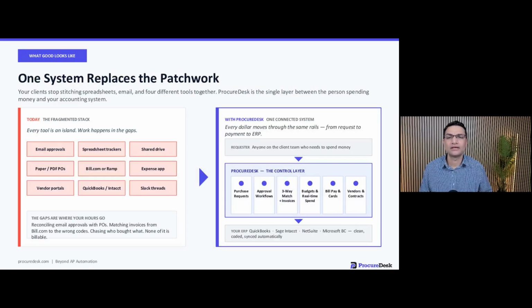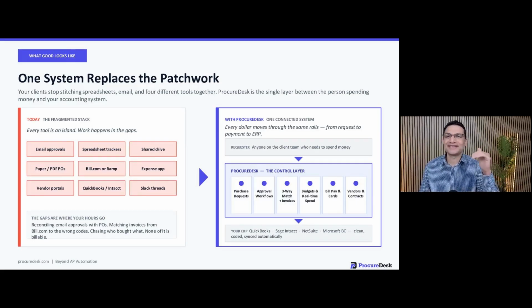Now, typically, this is what we see from working with our clients when they work with their end clients, right? So CAS firms working with their clients. They probably have something like this. You have emails for approvals, spreadsheets for tracking invoices or purchase orders. You have a shared drive where you're storing the invoices, with multiple folders.